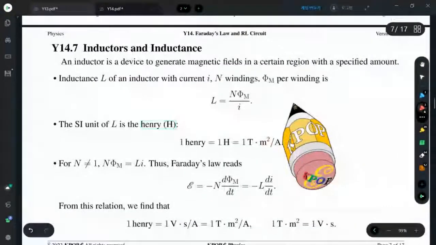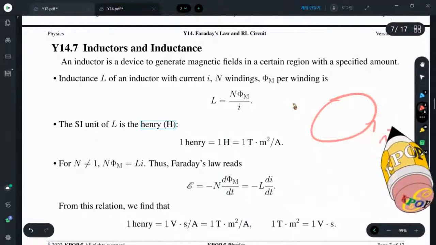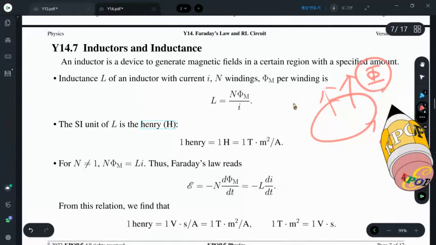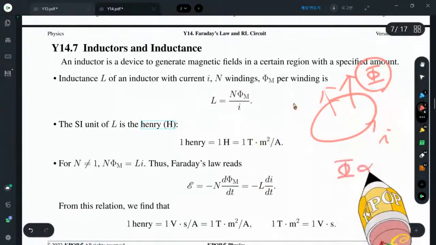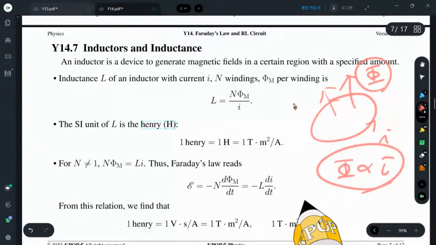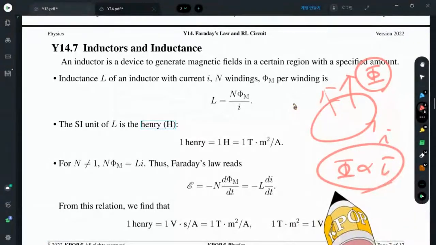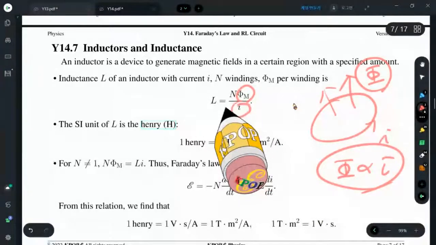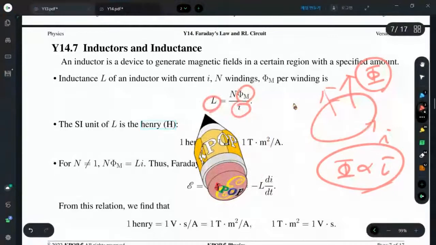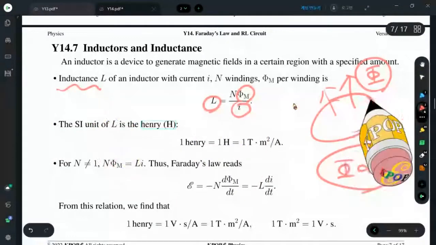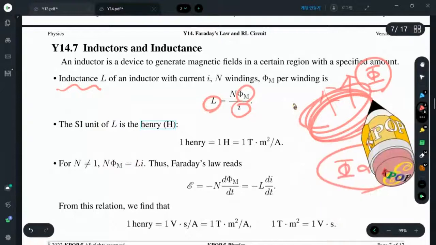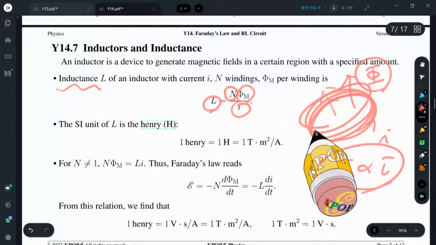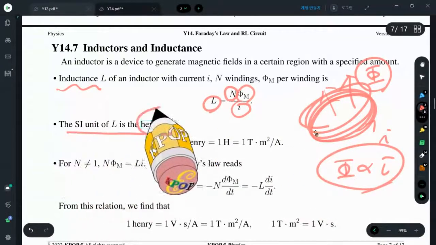Inductor, a circuit with current I. The magnetic flux is proportional to the current I. Then the ratio, flux divided by current, is called inductance L. If there are a number of turns, the inductance increases by a factor of the number of turns. The unit for inductance is the Henry.